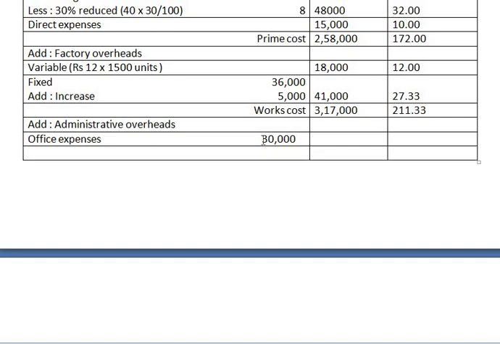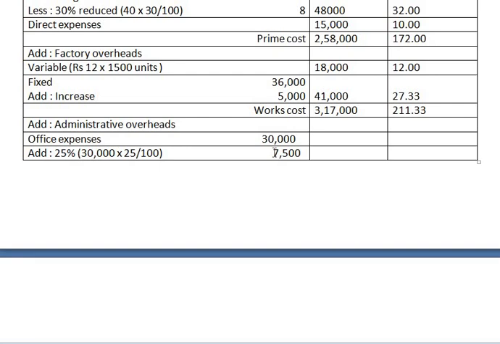Next add 25%. In brackets you can show the calculation: 30,000 into 25 divided by 100. So that is 7,500.